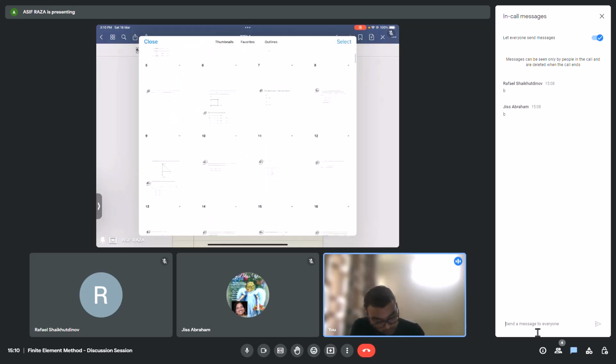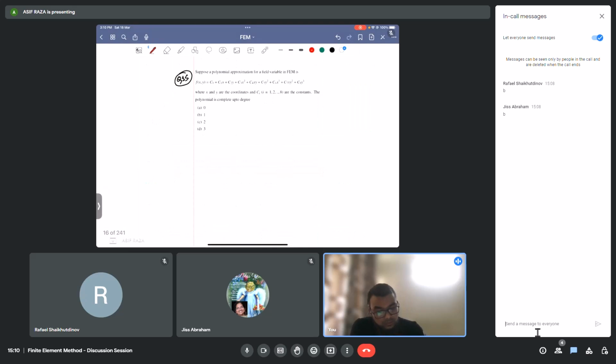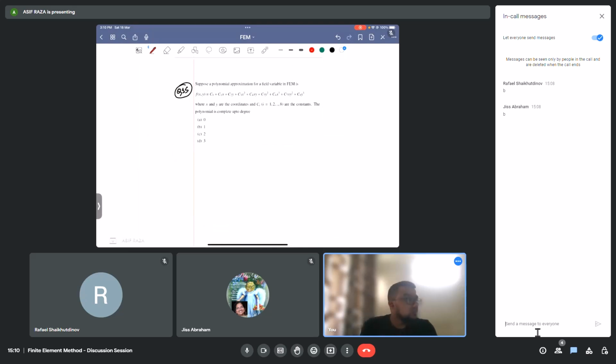A similar question you had in the assignment. Suppose a polynomial approximation for a field variable in FEM is given by c0 plus c1x plus c2y plus c3x square plus c4xy plus c5y square plus c6x cube, xy square and y cube, where x and y are the coordinates and ci are constants.